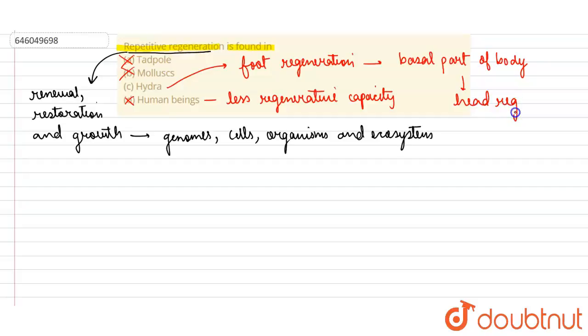Along with foot regeneration there is head regeneration, and the head regeneration process occurs from the apical part of the body. So this complex regeneration or reconstruction process is commonly observed in Hydra, not in any other organism. So option C is the correct option.